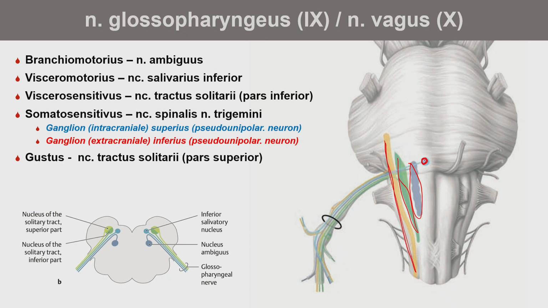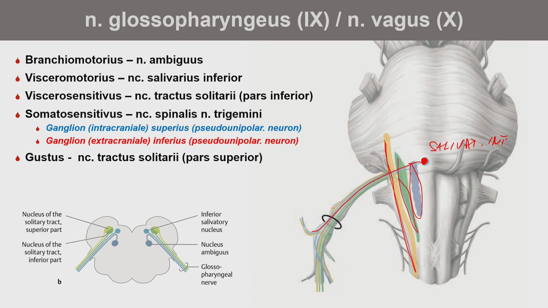And only one is special for glossopharyngeus, and this is the inferior salivatory part. The salivatory nucleus is then providing the information for the otic ganglion.